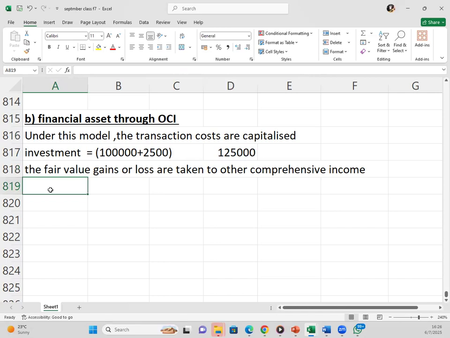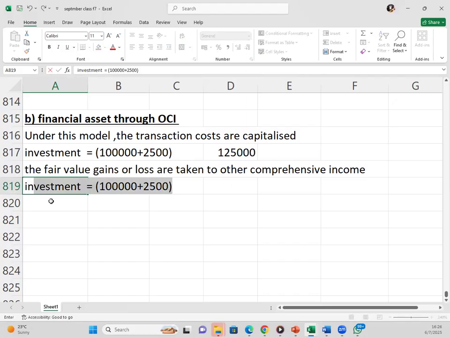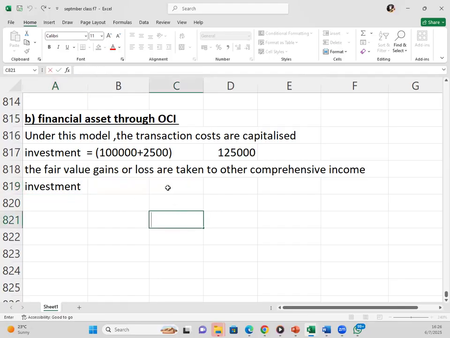So we would say initially the investment is 125 because the transaction costs are capitalized.